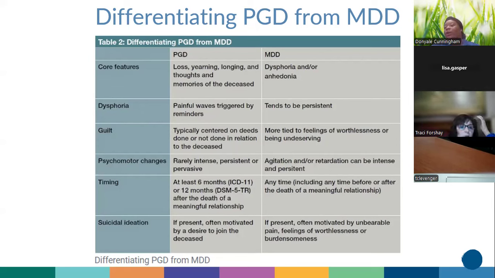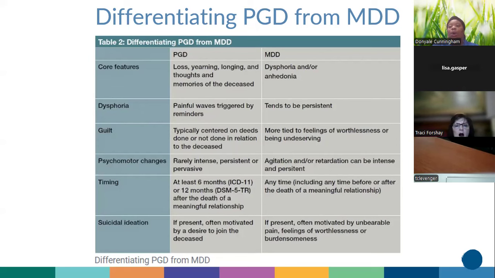So when we look at dysphoria, in grief, dysphoria decreases in intensity over days to weeks and occurs in waves that are associated with the thoughts and reminders of the deceased. In contrast, with major depressive disorder, the dysphoria tends to be persistent and is not tied to specific thoughts or images. Then we look at the guilt with prolonged grief disorder.